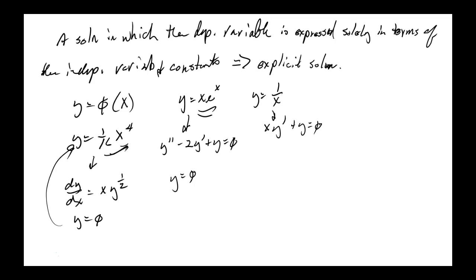I don't buy that, because y will never be 0. Well, wait, okay. Not according to this, but y equals 0 will fit the bill there, because if y is equal to 0, the derivative of y is equal to 0, and x times 0 plus 0 is 0. But that doesn't come from here.